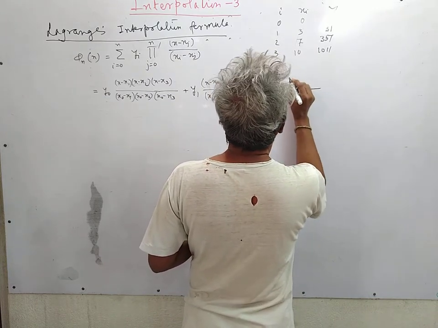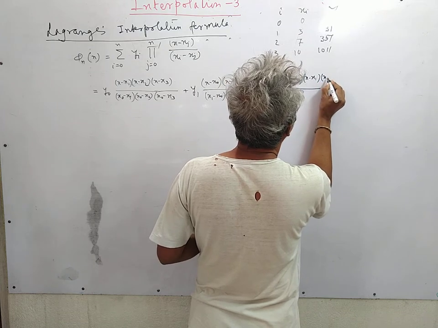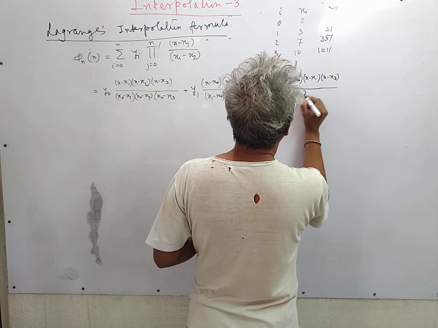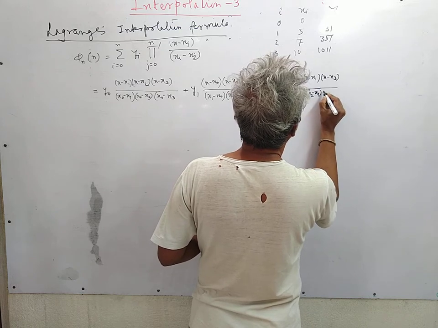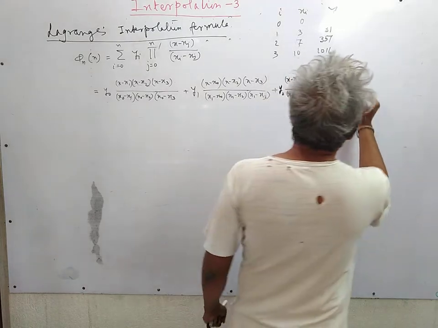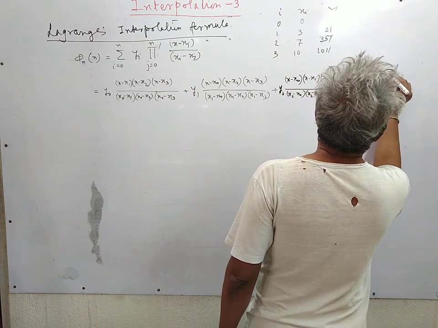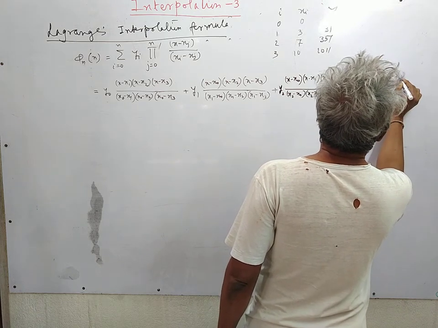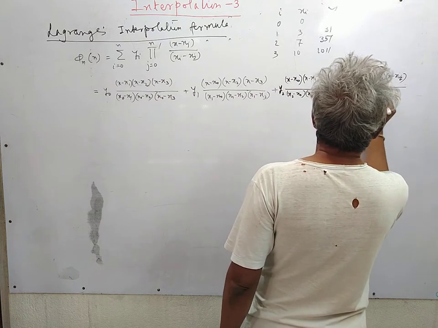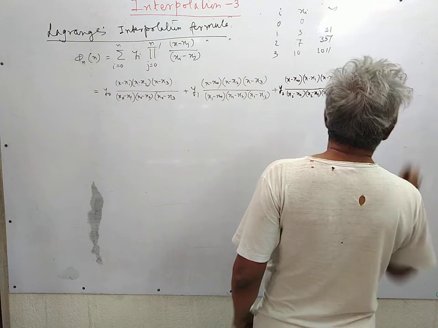y2 times (x minus x0)(x minus x1)(x minus x3) divided by (x2 minus x0)(x2 minus x1)(x2 minus x3), plus y3 times (x minus x0)(x minus x1)(x minus x2) divided by (x3 minus x0)(x3 minus x1)(x3 minus x2).